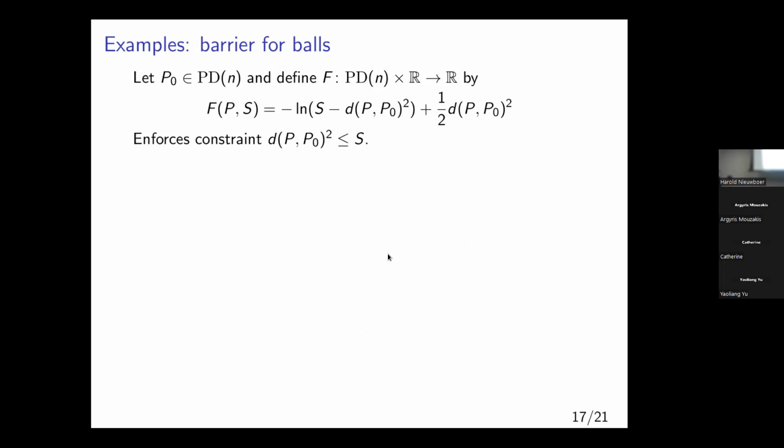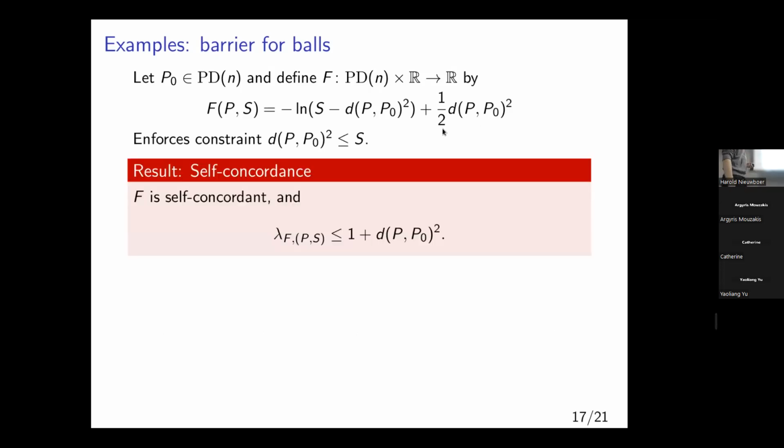If you have the self-concordance of this distance squared, we can also use it to construct barriers for specific domains. For instance, if you look at the set of points whose distance squared to some specific point is at most s, then you can write down a function that looks like this: minus log of s minus the distance squared, plus some multiple of the distance squared.